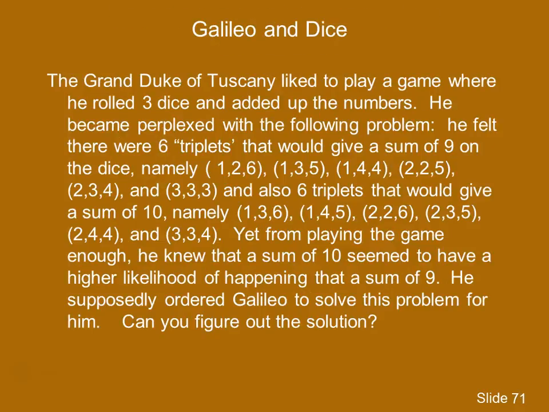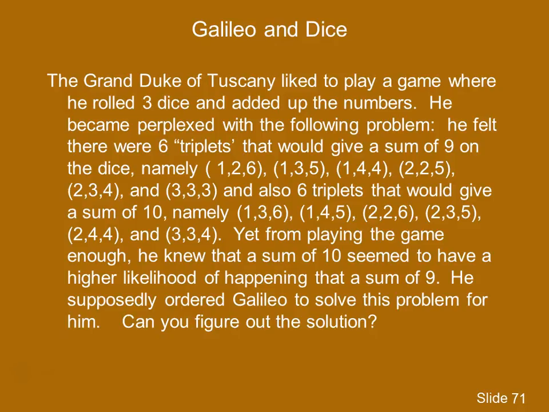Here's a second one. Actual historical problem. The Grand Duke of Tuscany liked to play a game where he rolled 3 dice, and he added up the numbers. He was perplexed with the following problem. He thought there were 6 triplets that would give him a sum of 9, namely 1, 2, 6, 1, 3, 5, 1, 4, 4, etc. And he thought there were also 6 triplets that would give him a sum of 10, 1, 3, 6, 1, 4, 5, and so forth.